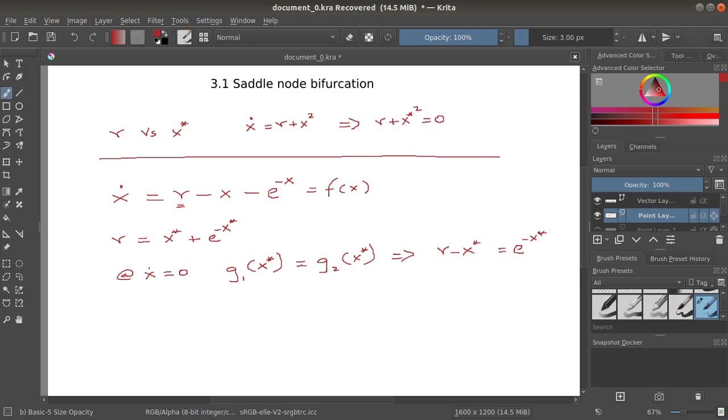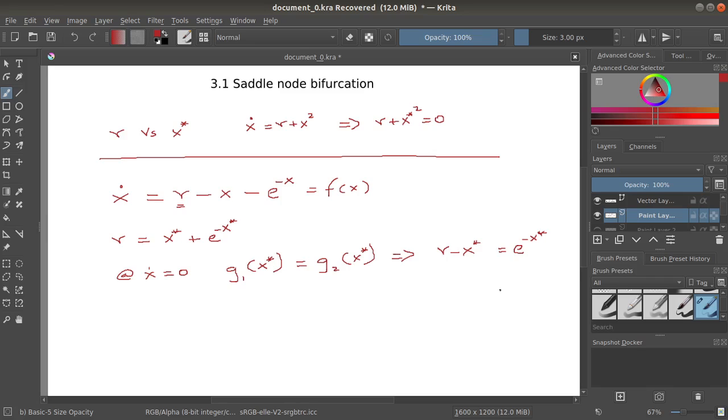So at equilibrium, these two functions are going to be the same.